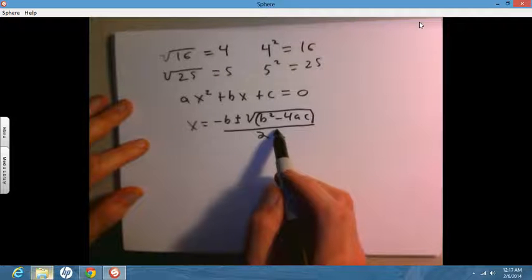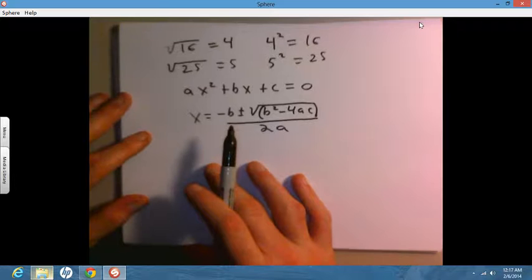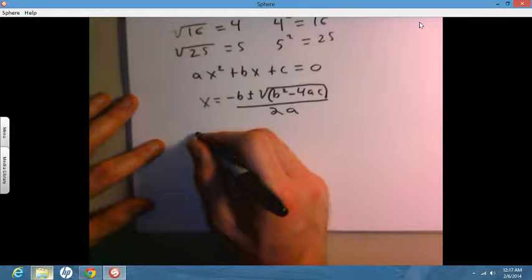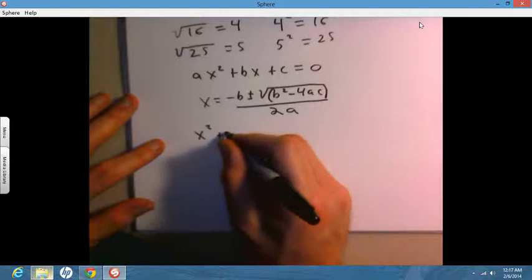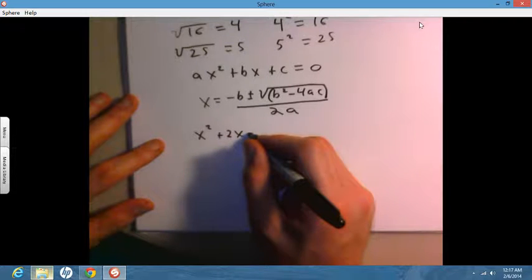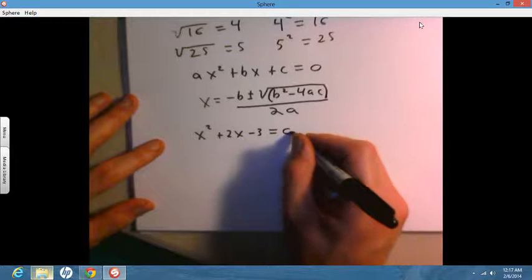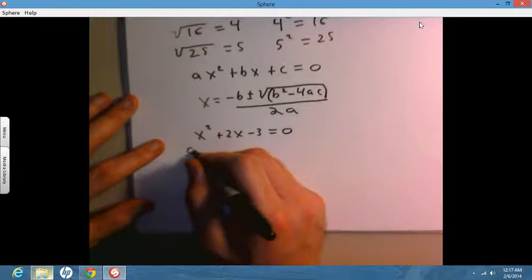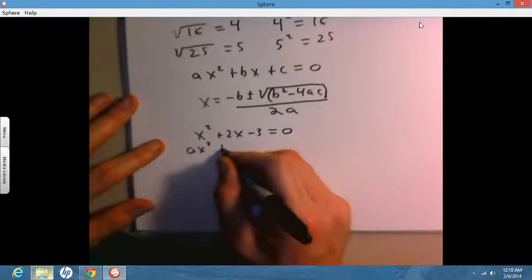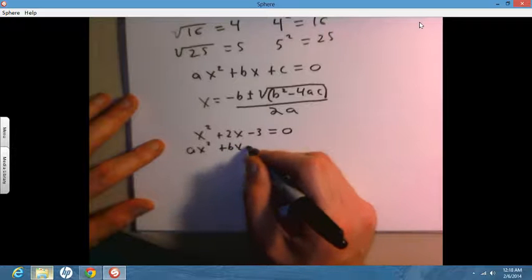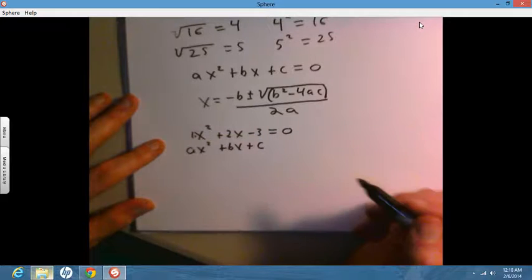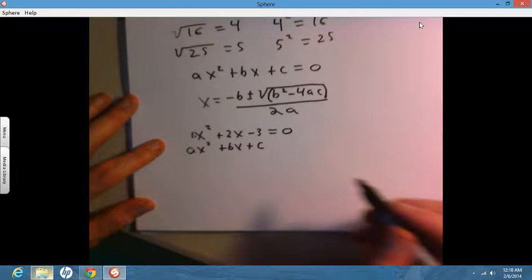Alright. So let's look at an example where we can actually use this. Let's look at the equation x squared plus 2x minus 3 is equal to 0. Okay? Now if I write, say, ax squared plus bx plus c underneath, well, there's a 1 in front of the x. I don't write it because it's obvious, but there's always a 1 in front of the x if there's nothing else.